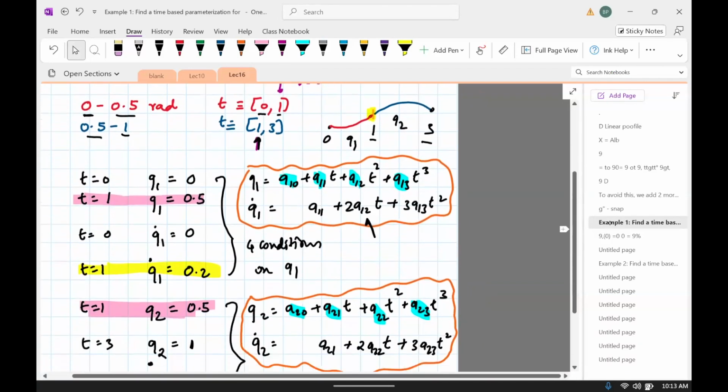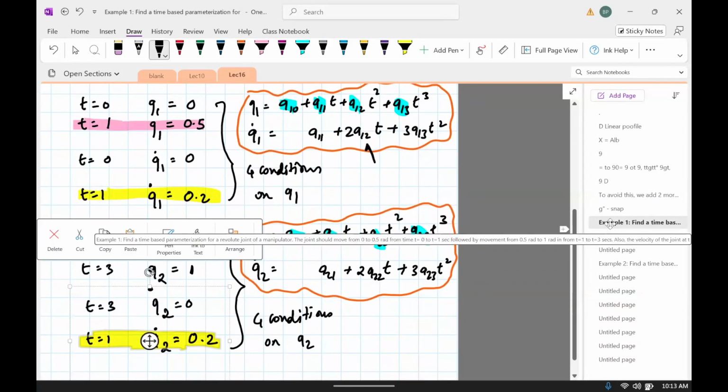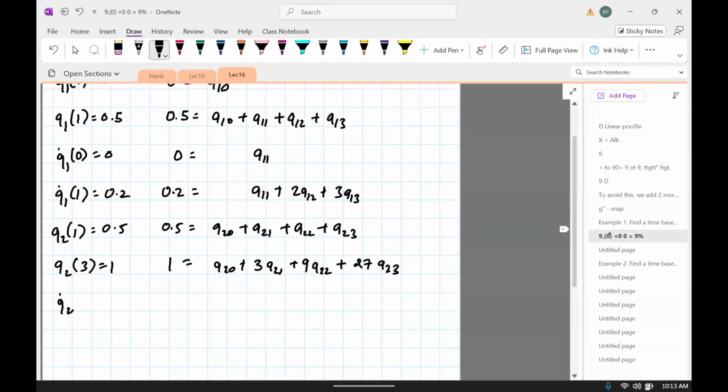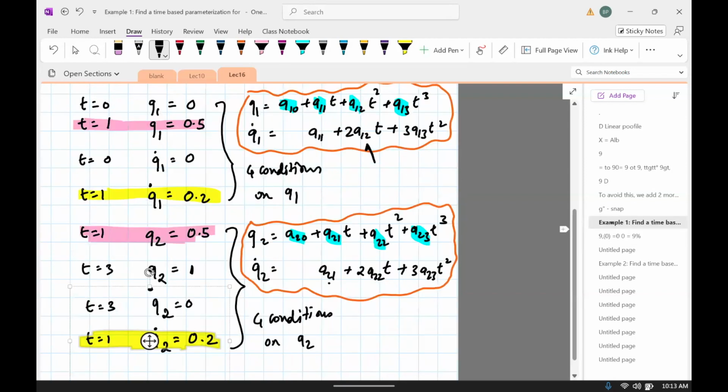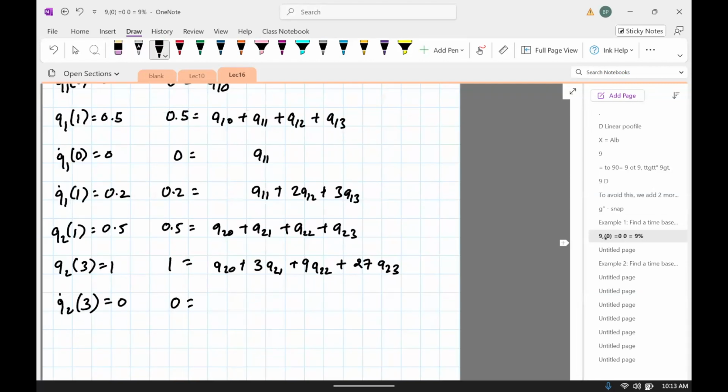Almost there. Next is Q2 dot at time t equals 3, which is 0. So 0 equals, take this equation, put time t equals 3. So A21 plus 6 times A22 plus 27 times A23.